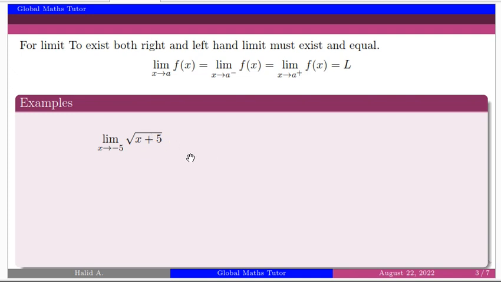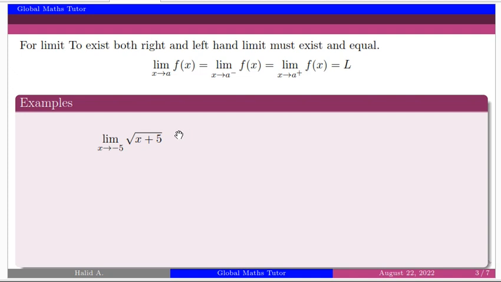From the positive side, for example, if you approach from 5.0001, 5.01, like this, it means, for example, minus 4.9995, it is radical of 0.0005, a positive number. Since the radical of a positive number exists, when we approach negative 5 from the positive side, we get the limit of this function as 0.